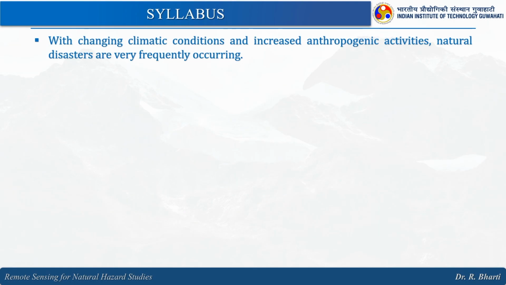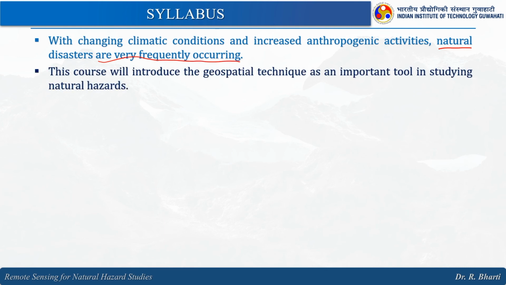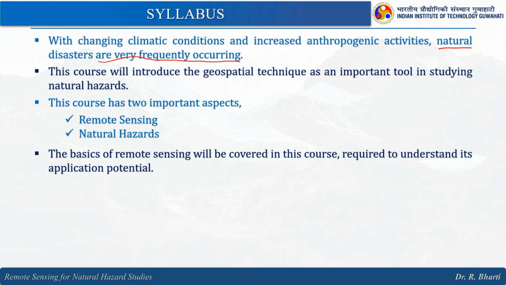With changing climatic conditions and increased anthropogenic activities, natural disasters are very frequent nowadays. This course will introduce you to the geospatial technique as an important tool in studying natural hazards. This course has two important aspects.